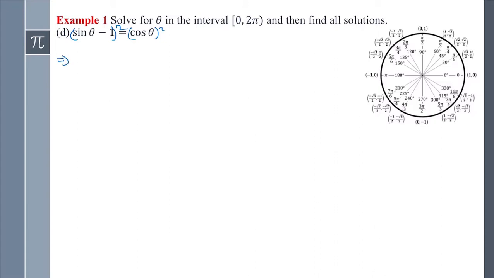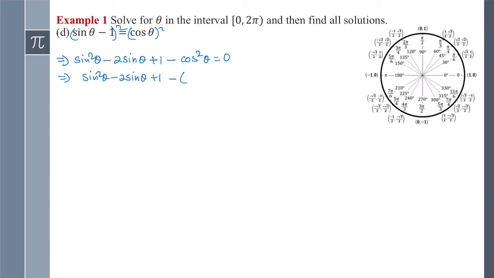So we have sine theta minus 1 squared, which means if you multiply sine theta minus 1 by itself, you're going to get sine squared theta minus 2 sine theta plus 1. And then if we bring that cosine squared theta to the left hand side, we get minus cosine squared theta equals 0. So this is sine squared theta minus 2 sine theta plus 1. I'm going to change that cosine squared theta in terms of sine so that we have only sine in the equation.